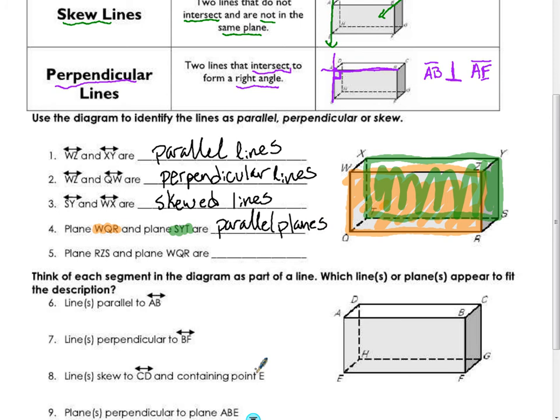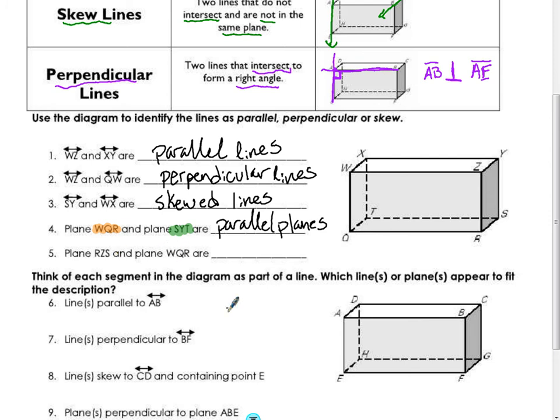Now let's go ahead and check out our last two planes here, RZS and QRS. Again, using my highlighter tool. RZS, that's this side of my tissue box. And QRS, that's the bottom.